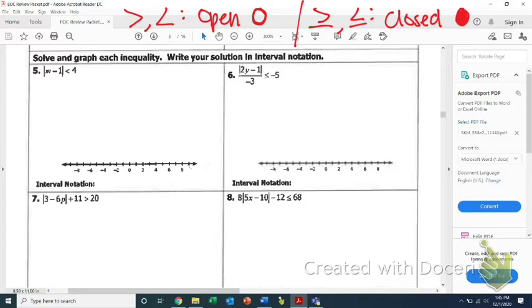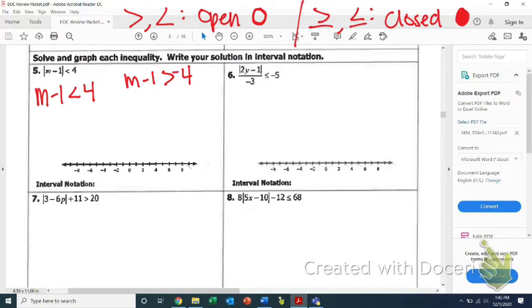All right, so on this first one, just like before, we are still solving an equation, except it's absolute value. So remember, you're going to have 2 equations: M minus 1 is less than 4, and M minus 1 is greater than -4, sorry.